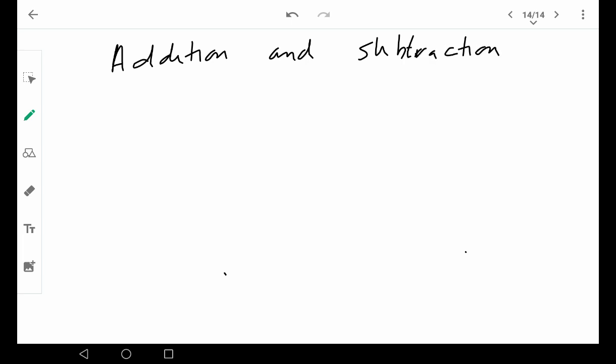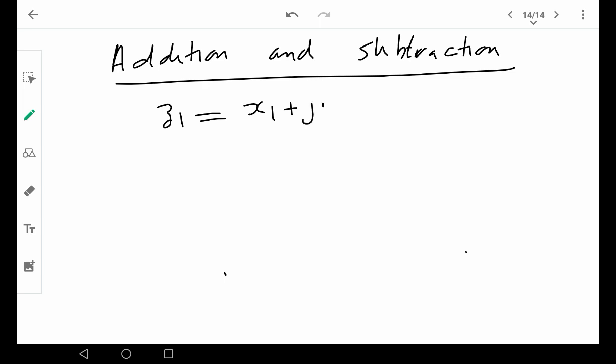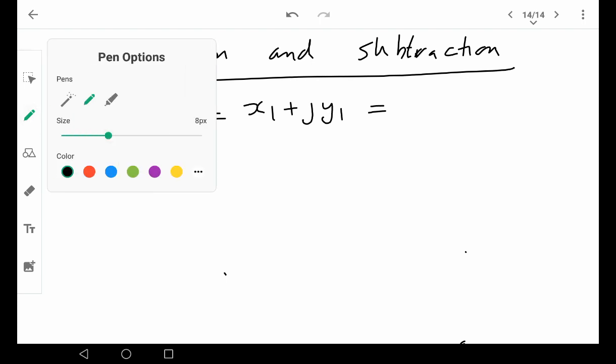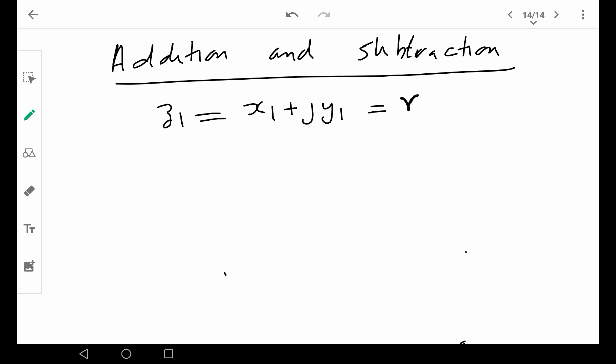First we will study addition and subtraction, that is plus and minus, of complex numbers. Suppose you have two complex numbers, z1 equal to x1 plus jy1, which is given by r1 angle phi1.